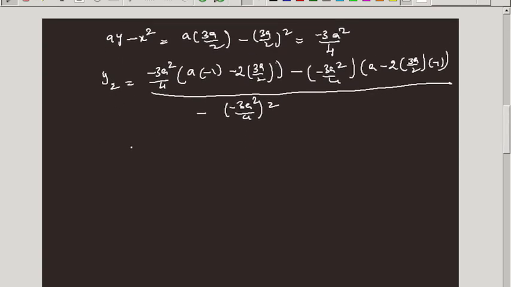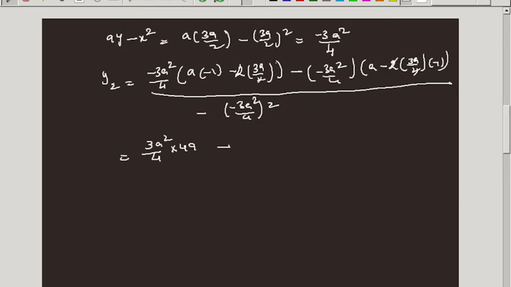If we simplify this, these two get cancelled. We get minus 3a, here minus a, so we get plus 4a. Minus into minus is plus, the 2 gets cancelled, 3a plus a is 4a.